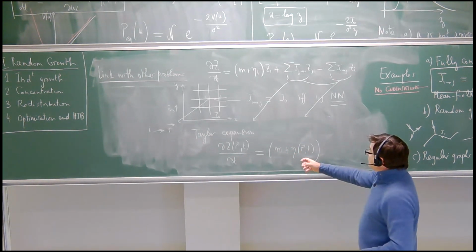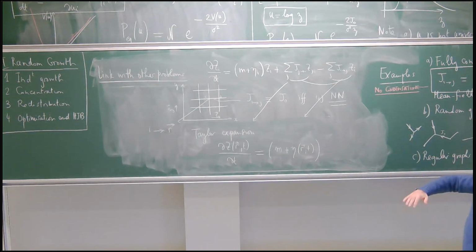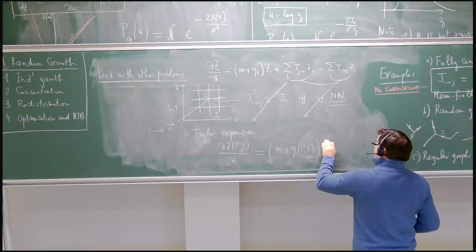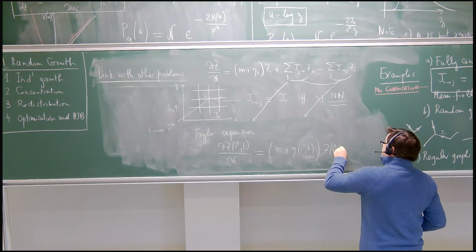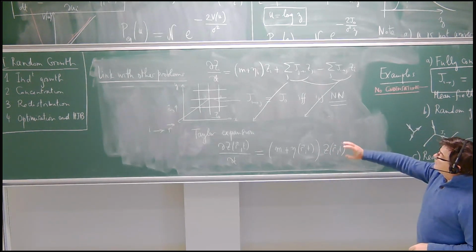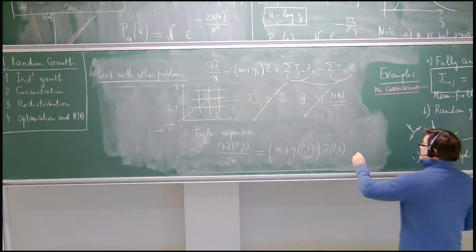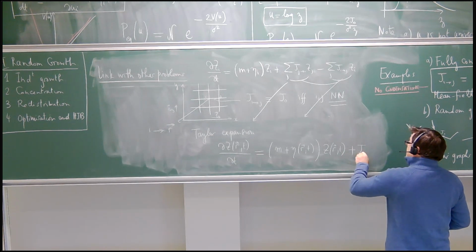So now you have a noise term that depends on where you are in space, times z of r and t. And then the term that I labored on, trying to convince you that you had a Laplacian coming from the Taylor expansion, is going to be plus J0.